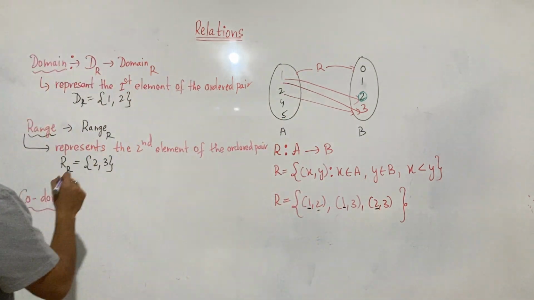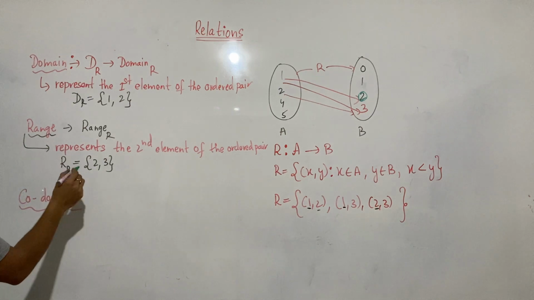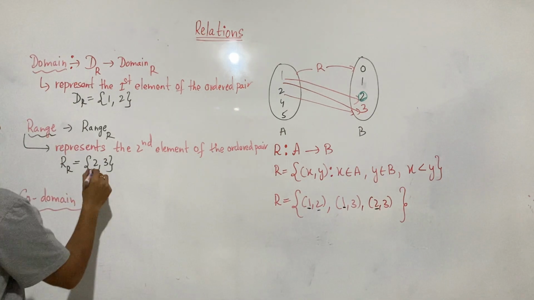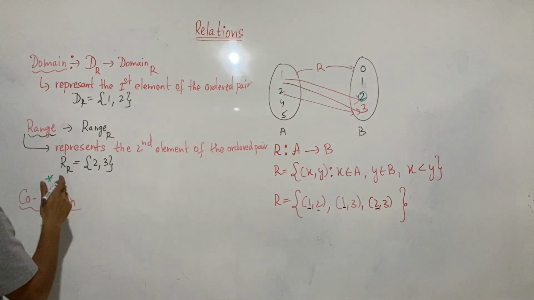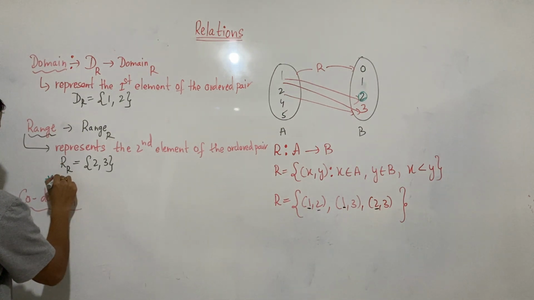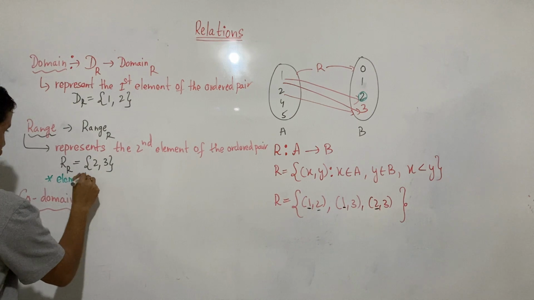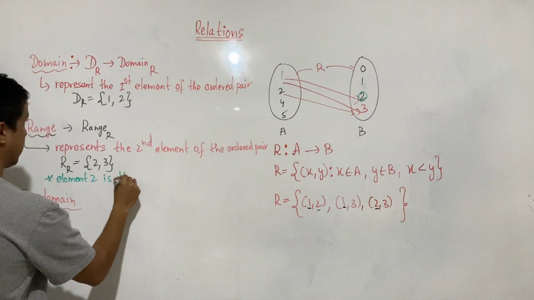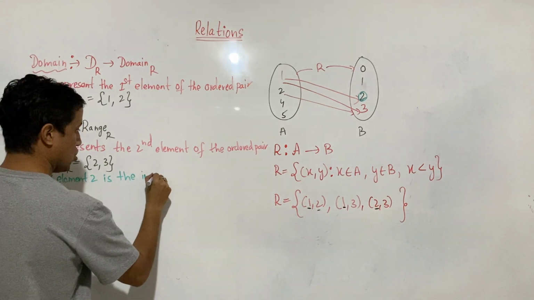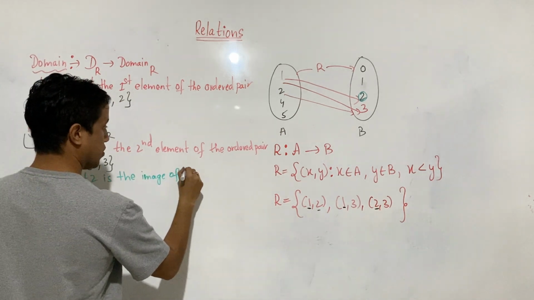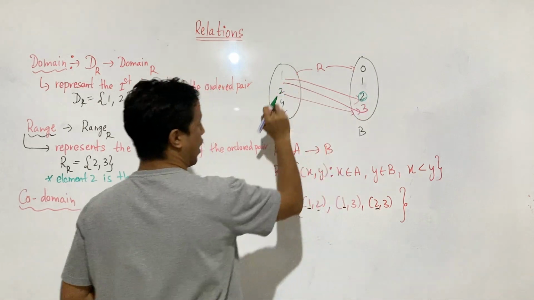So here we can also say that element 2 is the image of 1.